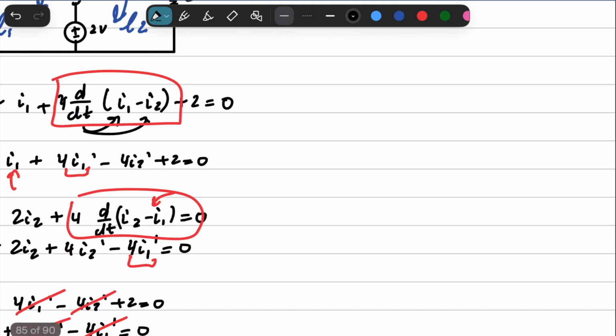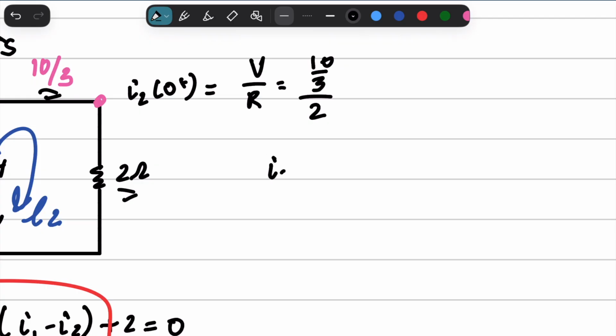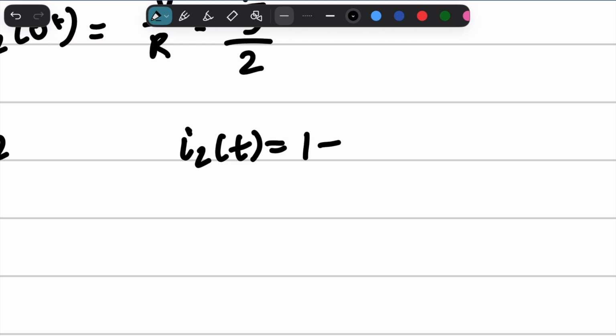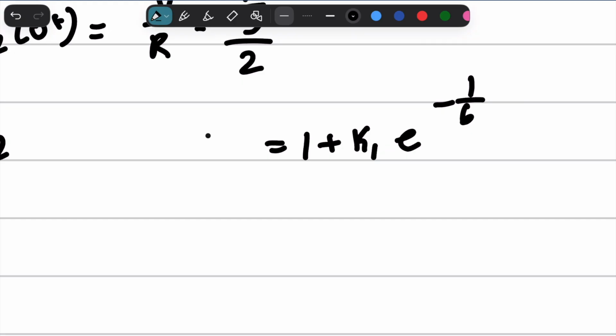And now we have I2 of t is equal to 1 plus k1 e to the negative 1/6 t. But we're going to go ahead and call this 0, 10 to the 3, or 5 over 3 times 0.